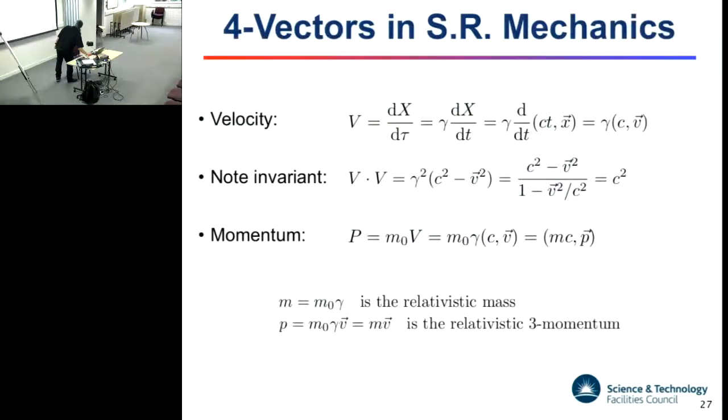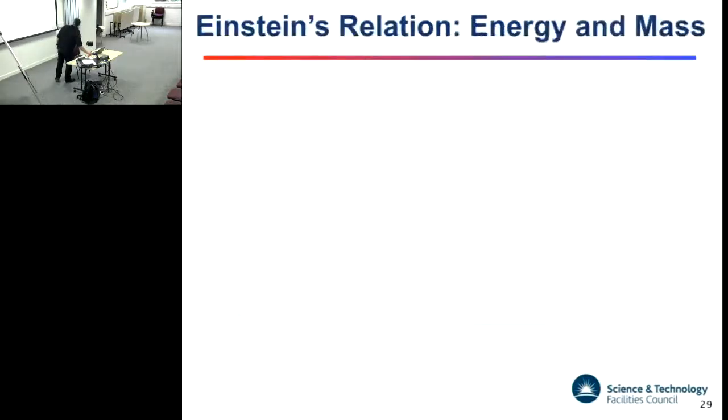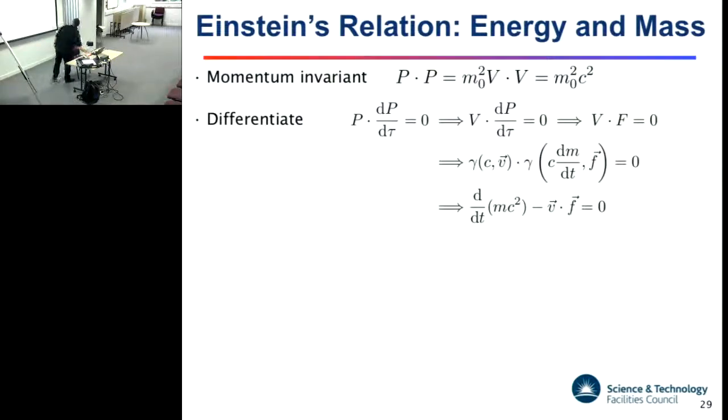So P is this one: M naught gamma C, and then M naught gamma V. So there's my P. If I do P dot P, I've got that squared minus that squared. That's going to give me M naught squared C squared.